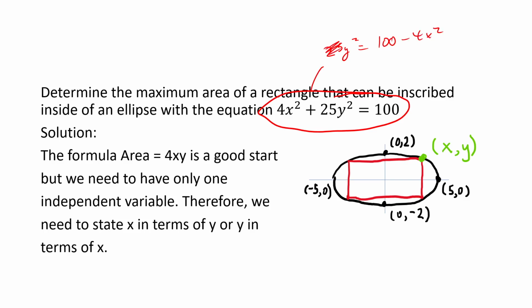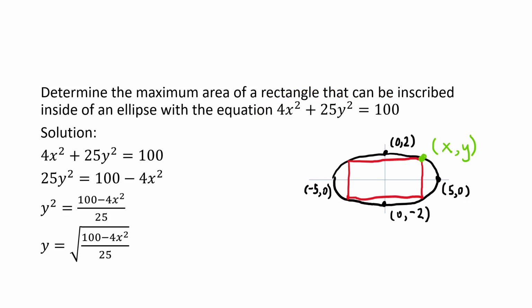And that when we divide left and right both by 25, we get this expression. And then we can take the square root and say y is equal to this expression. So we're going to show that work on the next couple of slides. And we won't have to worry about y being positive or negative because we know, again, y has to be positive because we specifically chose it to be a point in the first quadrant.